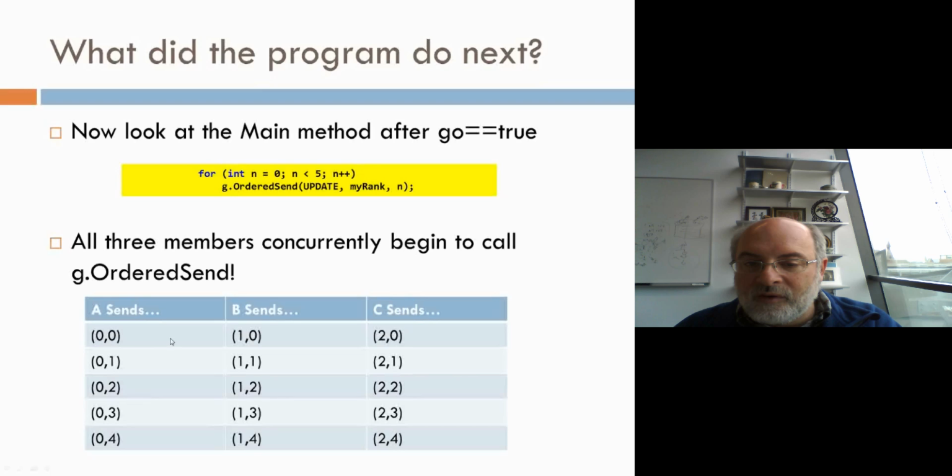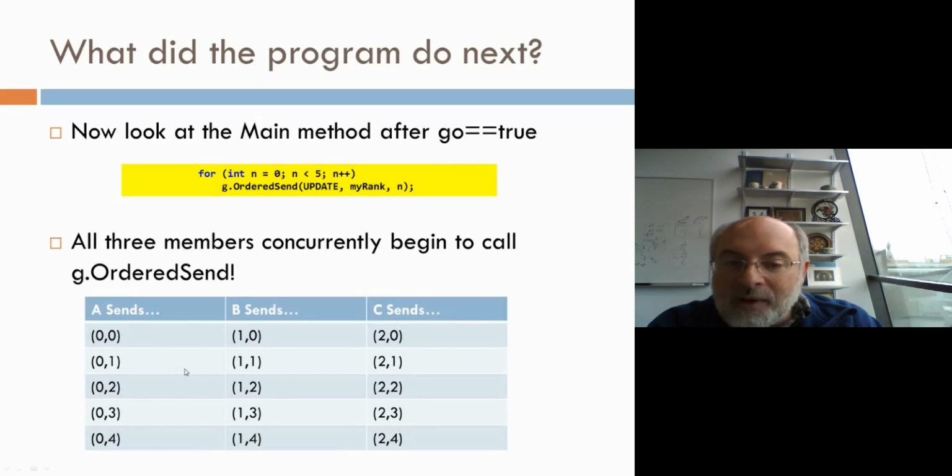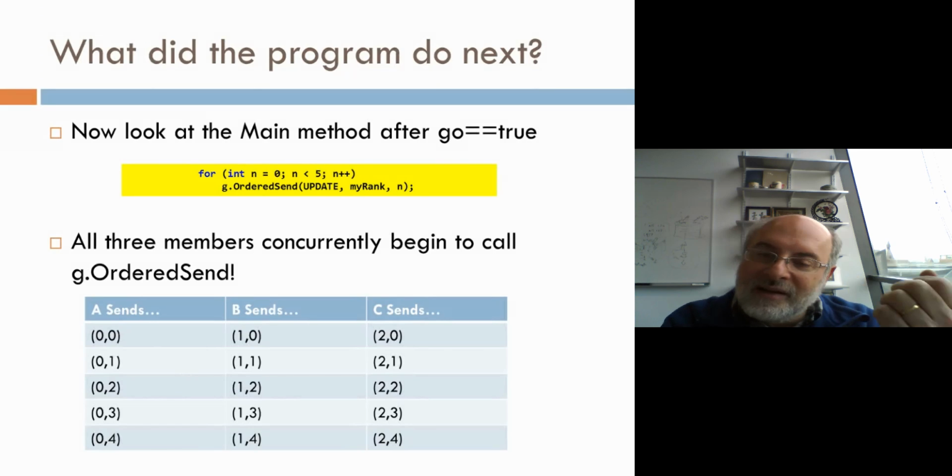It could say 0,0, 1,0, 2,0, 0,1, 1,1, 1,2, 1,3, 2,1, 2,2, right? As I commented earlier, probably A gets a slight advantage in time, and there's a good chance that all the A tuples will show up first just because it runs this code first. But then B and C will catch up, and they'll probably be intermingled.